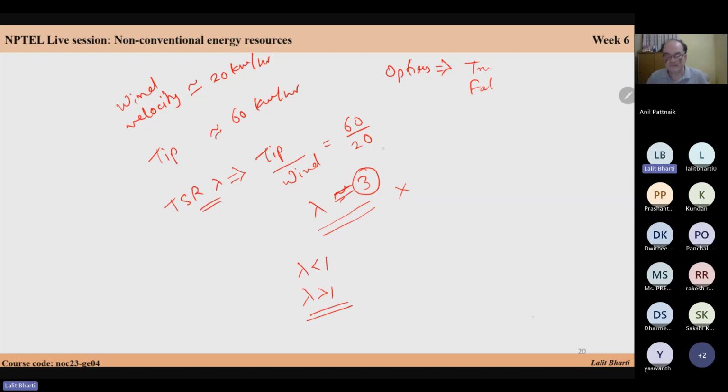So this is false: your tip speed cannot go up to 60 if your wind speed is only 20. Okay, thank you.